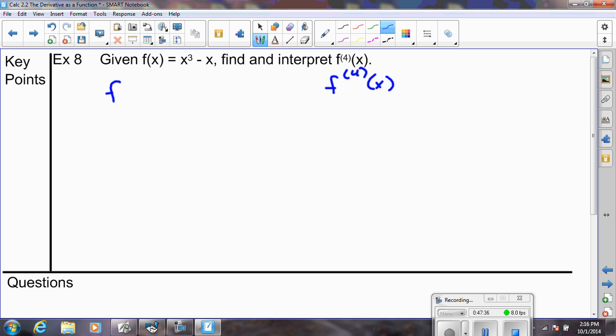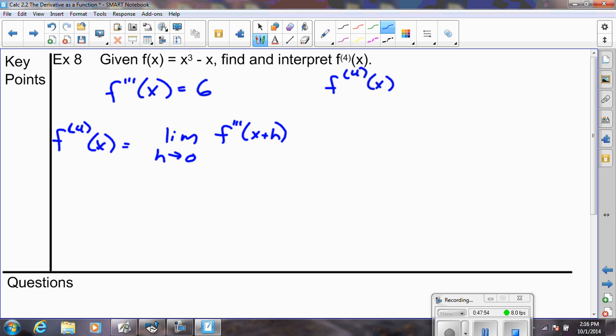Well, this one's fairly quick. The third derivative was a constant 6. So to get the fourth derivative, that will be the limit as h approaches 0 of f triple prime of x plus h minus f triple prime of x, over h.